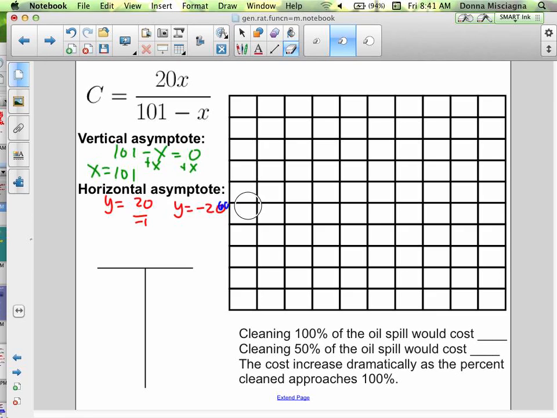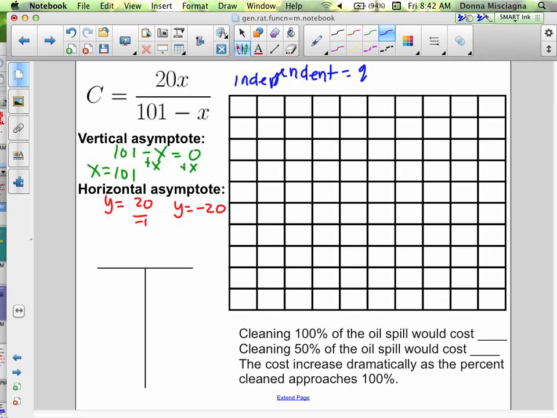I'm thinking about the percent, but I'm not putting it in the right spot. Sorry, people watching, you're going to have to just see my mistake. So before you put the numbers in and have to erase it like I just did, you should think about which is independent and which is dependent. Independent is the percent, dependent is the cost.